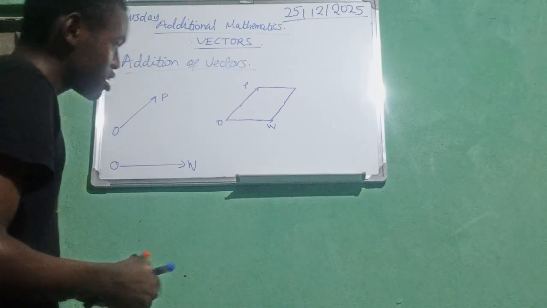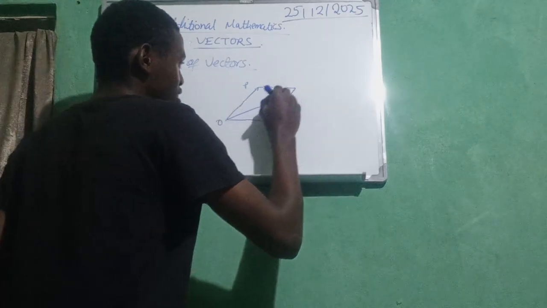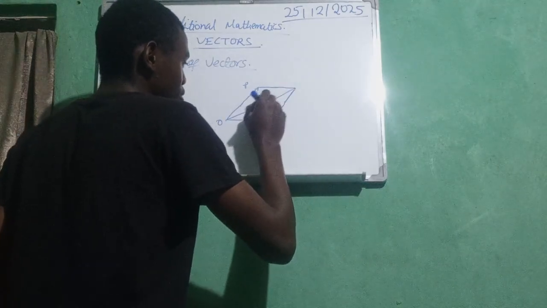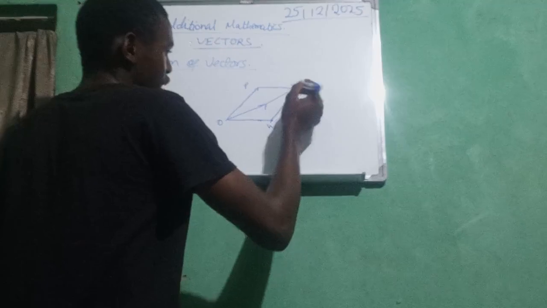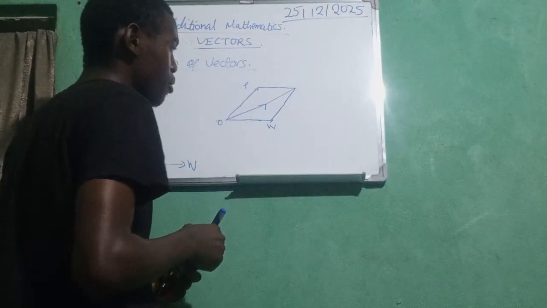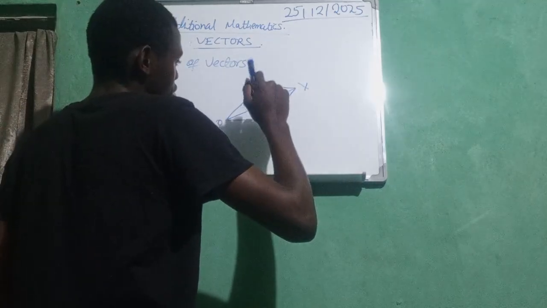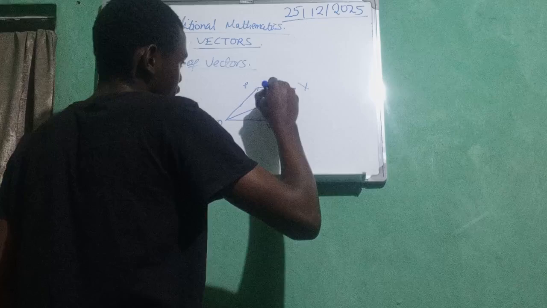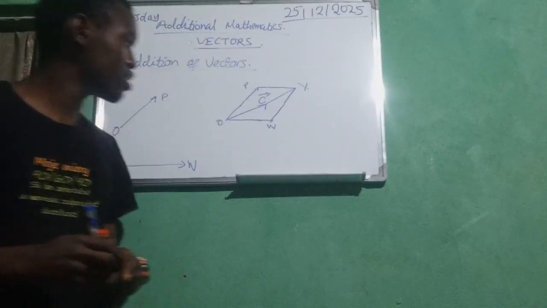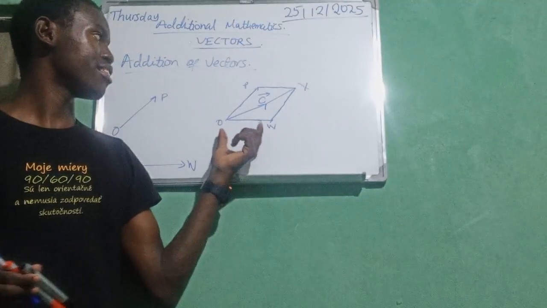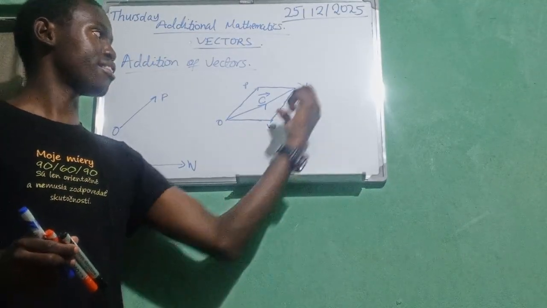The resultant vector will be the vector that goes like that, right in the middle. We can call that point X. The resultant vector, this will be C. So how can we get the resultant vector? We add this and that.